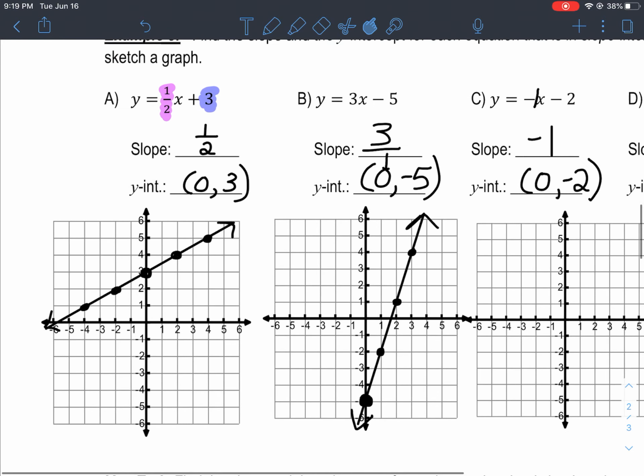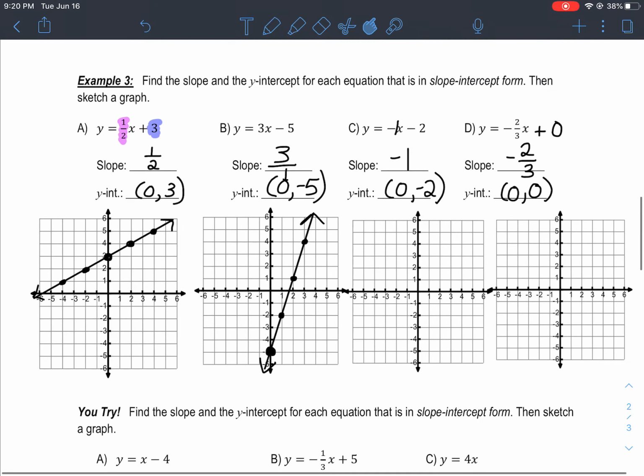Now if you compare this line in B to the line in A, you'll notice that the line in B is a lot steeper than A. As your slope increases, so if my slope was 300, it'd be even more steep. So it gets steeper as that number grows, and as the number gets closer to 0, the line's going to get flatter.